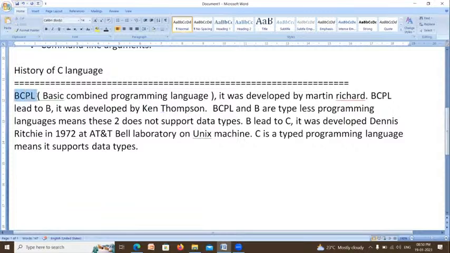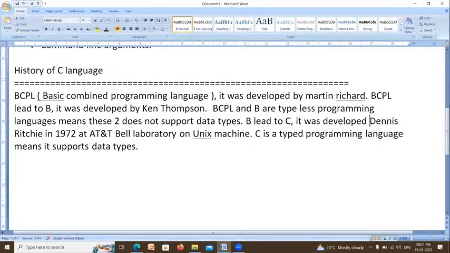BCPL and B are called typeless programming languages, which means they do not support data types. From language B, a new programming language called C was developed.